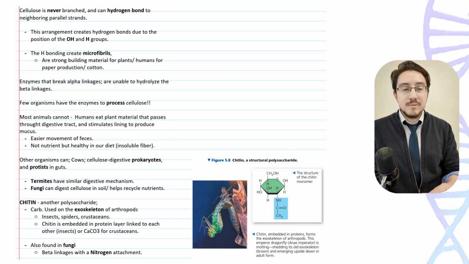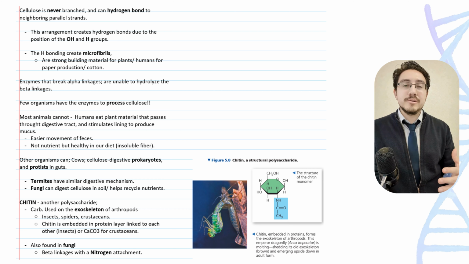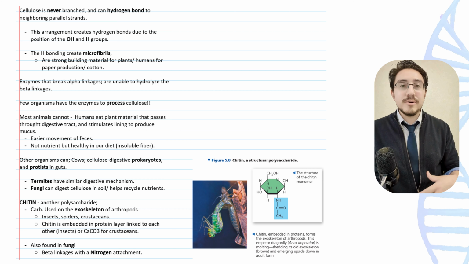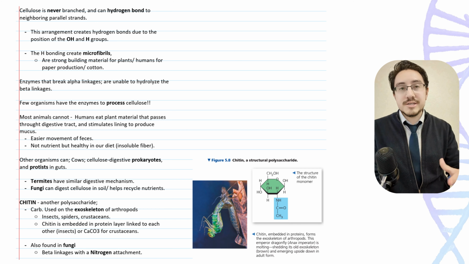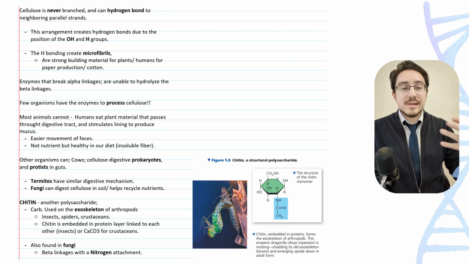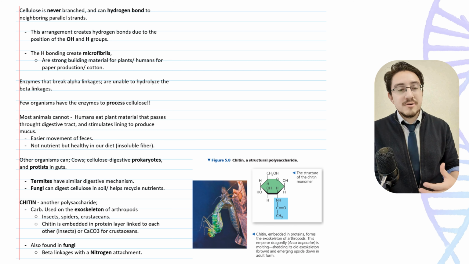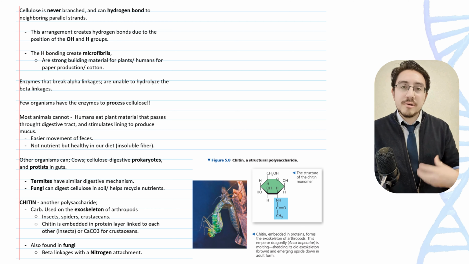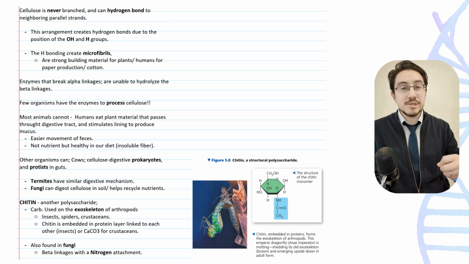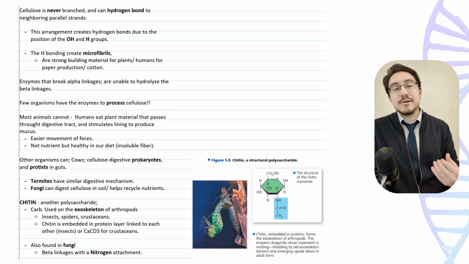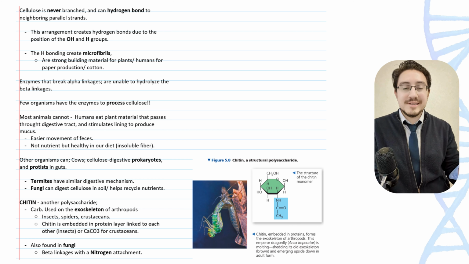We eat plant material, we have our salads, we have our fiber. It does help our digestive tract, because it stimulates the lining to produce mucus, and that mucus enables better movement for our waste material. So it's very healthy for our diet. It's not necessarily a nutrient, but it's very healthy for our diet. It's referred to as insoluble fiber.